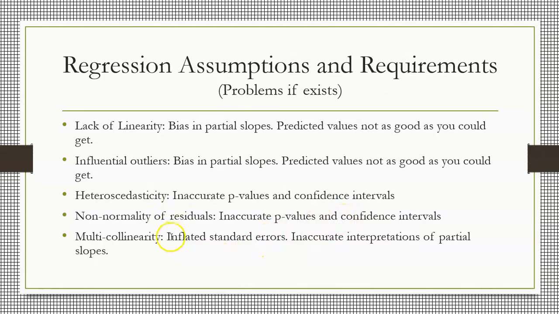Multicollinearity, we basically end up with standard errors that are too big, which basically leads to, again, inaccurate p-values and confidence intervals as well. What ends up happening is, if you imagine that for 2 x's, you had Fahrenheit temperature and you had Celsius temperature, you can't estimate a partial slope perfectly for both of those simultaneously because they're really the same thing.